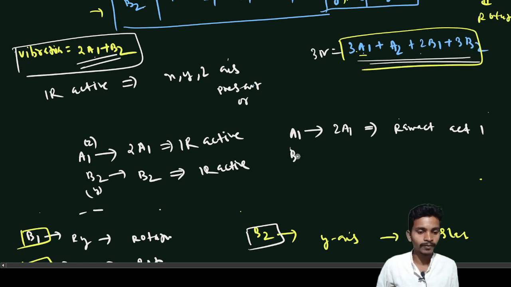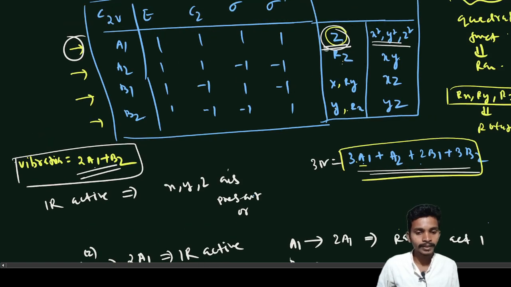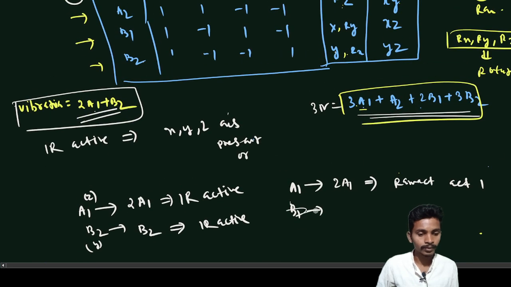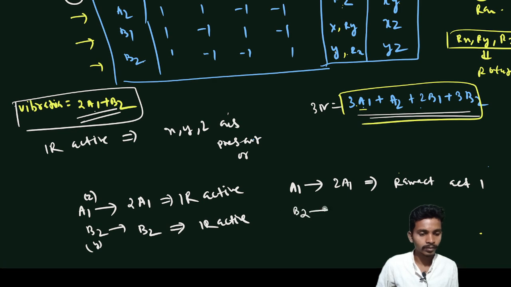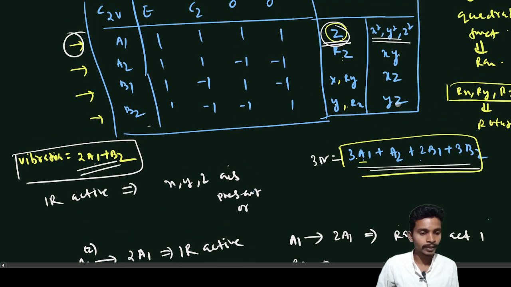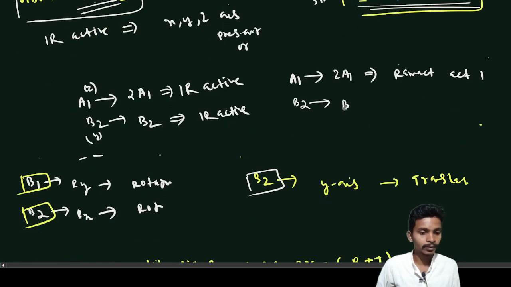And for B2, again the yz function is there, quadratic functions. So this B2 is again Raman active.